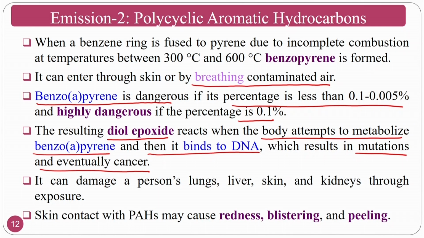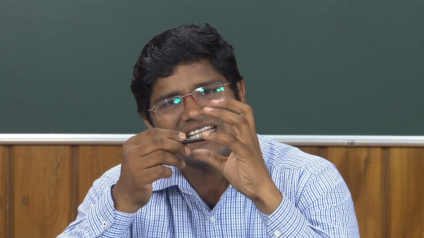What I mean to say is, when the body attempts to metabolize the benzopyrene, the resulting diol epoxide goes and binds the DNA of a cell. Assume that you have a cell, with DNA at the center; it goes and occupies the DNA.